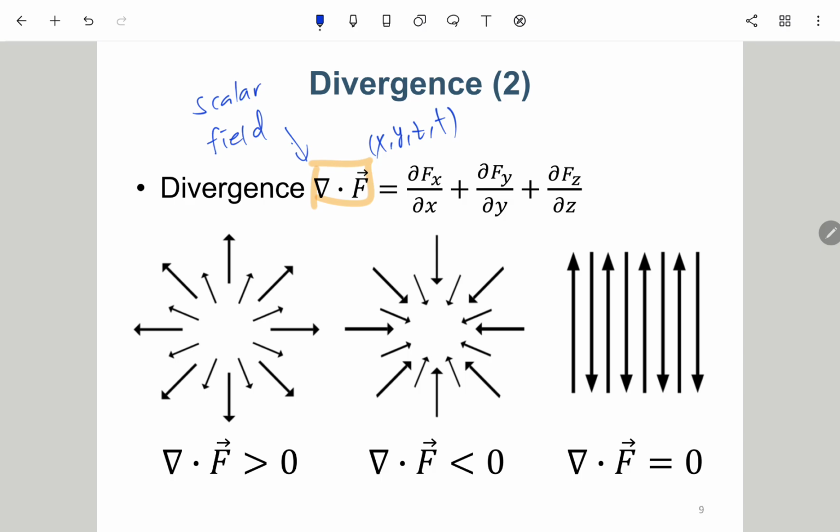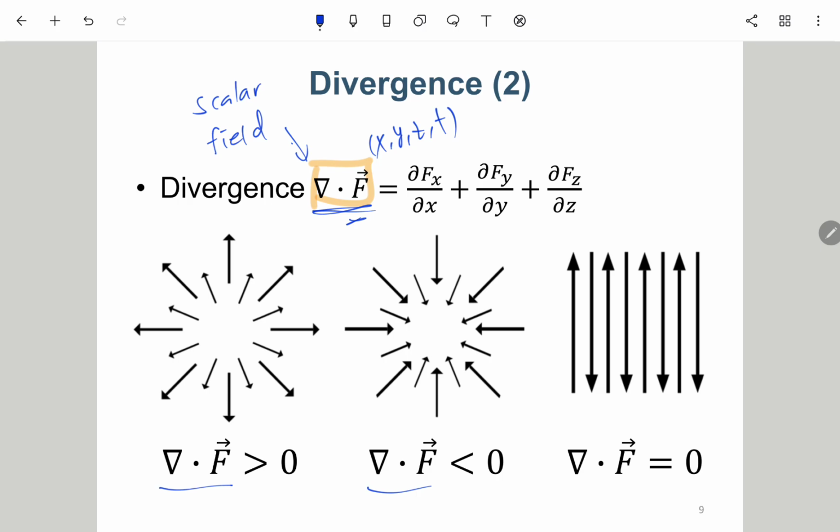Anyway, this is a scalar field, which means that if you just plug in x, y, z, t to this divergence of F, you can check the divergence at that point and at that moment. If that value is greater than 0, it means that this vector field F tends to spread out from that point, going out from that point.